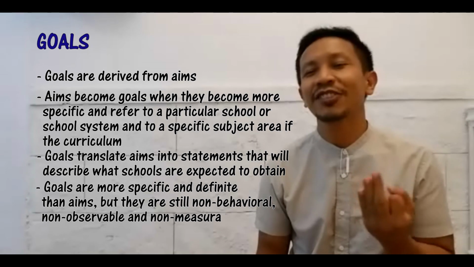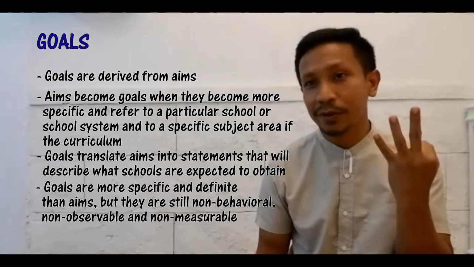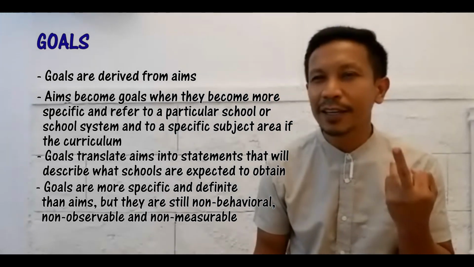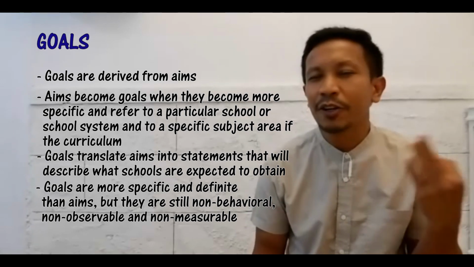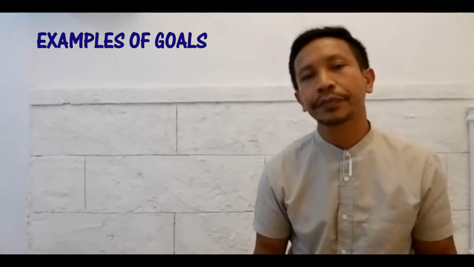You need to pay attention to these three key terms: non-behavioral, non-observable, non-measurable. It means you cannot observe them. You can think about them. Non-measurable, you cannot measure them, but you can sense that. It's kind of difficult, but anyway, I'll give you an example so you can understand them. Okay, so here are examples.